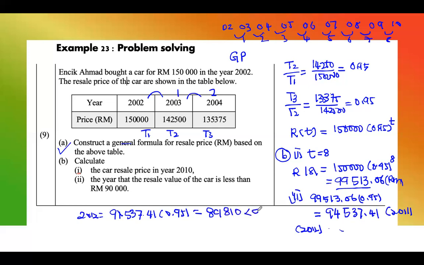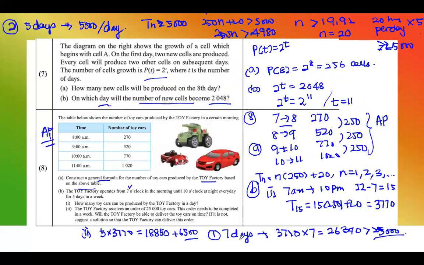That is less than 90K, right? So meaning the year the resale price falls below 90K is 2012. Okay. So actually this question is from your AdMath questions. So you will learn this again in your AdMath. Remember, this is geometric progression. Then number 8 is arithmetic progression.